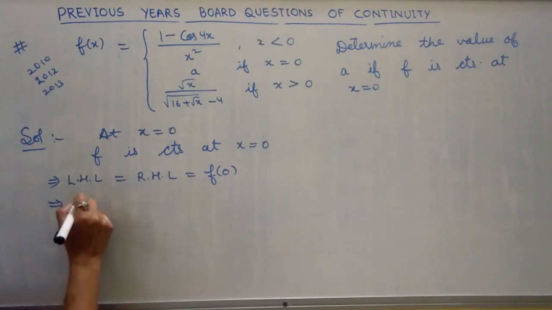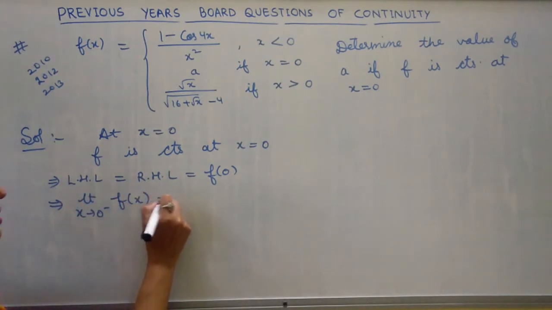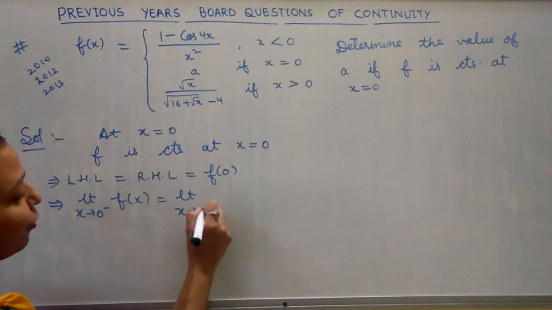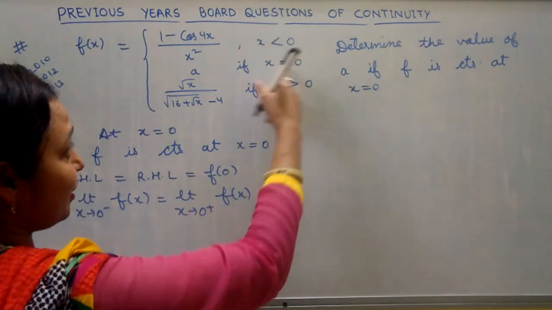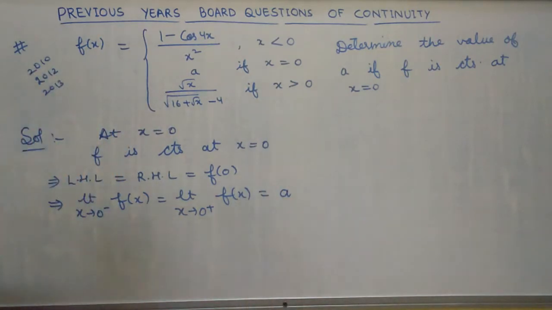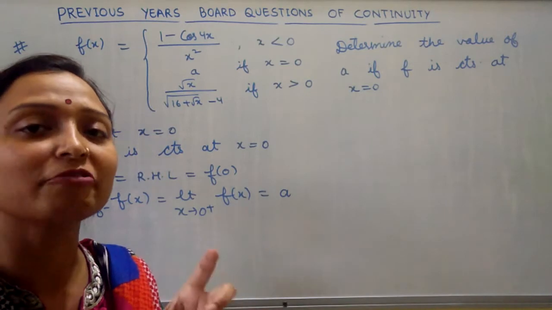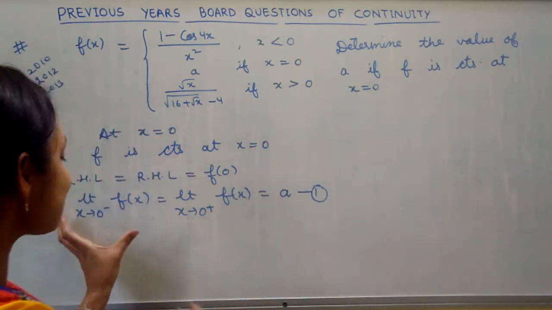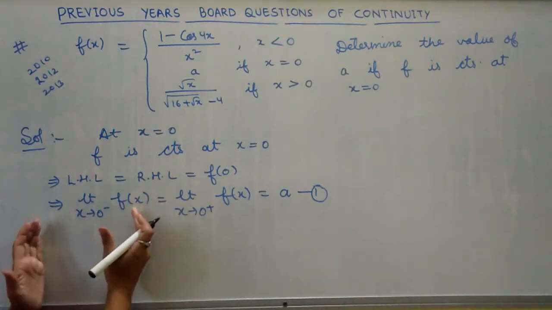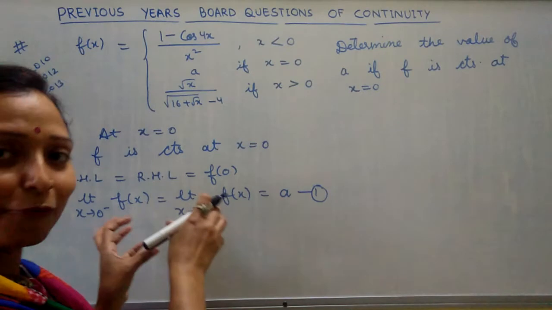I will take limit x approaches 0 negative f(x) equals limit x approaches 0 positive f(x) equals f of 0, that is a. But the question takes these two terms, so I will take one by one and name it as equation number 1. I will solve one by one the left hand limit and right hand limit, then I will put the value in equation number 1.